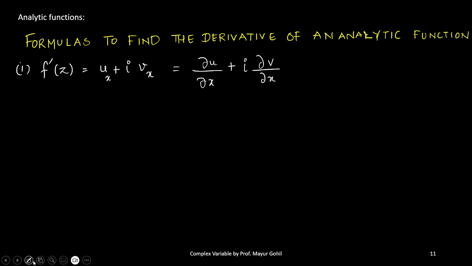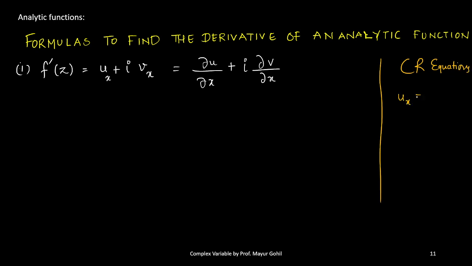Now we already have with us the CR equations, which we just saw: ux equals vy and uy equals minus vx.